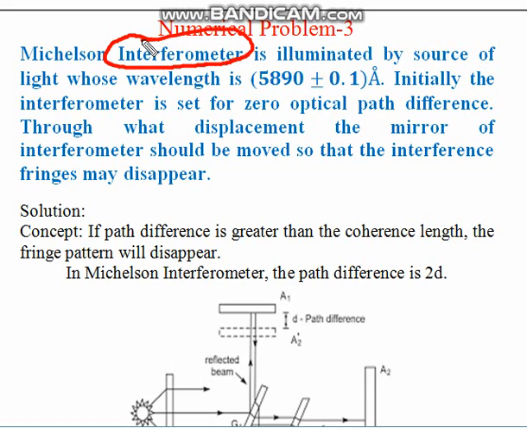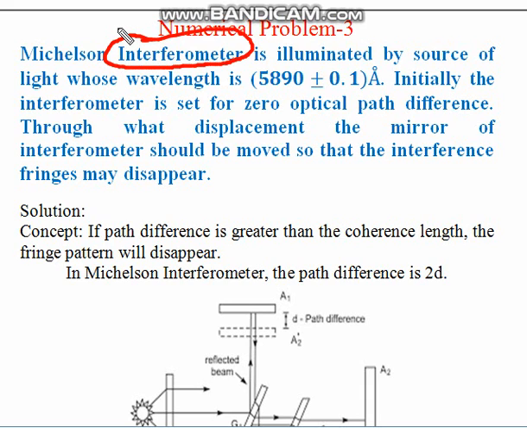Interferometers are optical tools for the precise measurement of wavelength, the precise measurement of very small distances, and the measurement of refractive index. And very importantly, we can measure the degree of temporal coherency with the help of an interferometer.